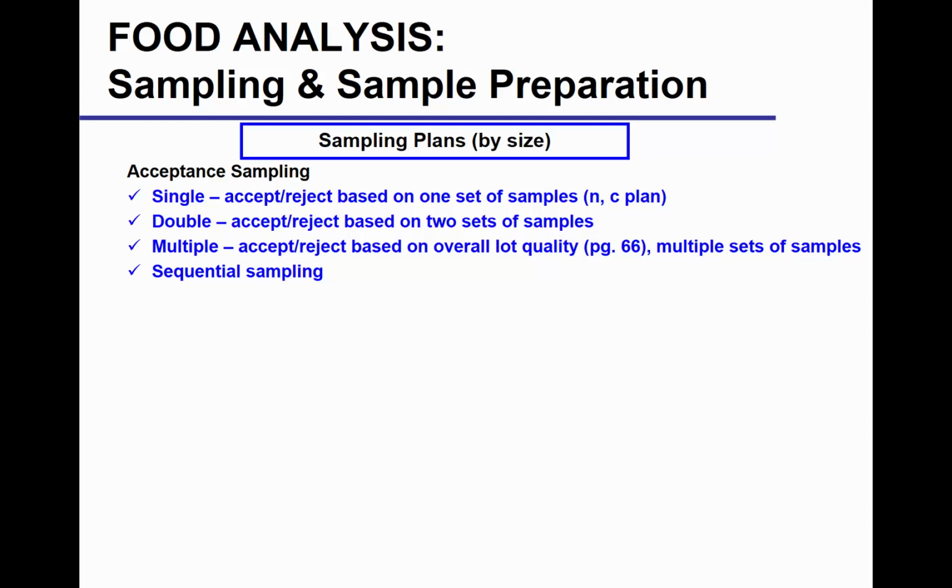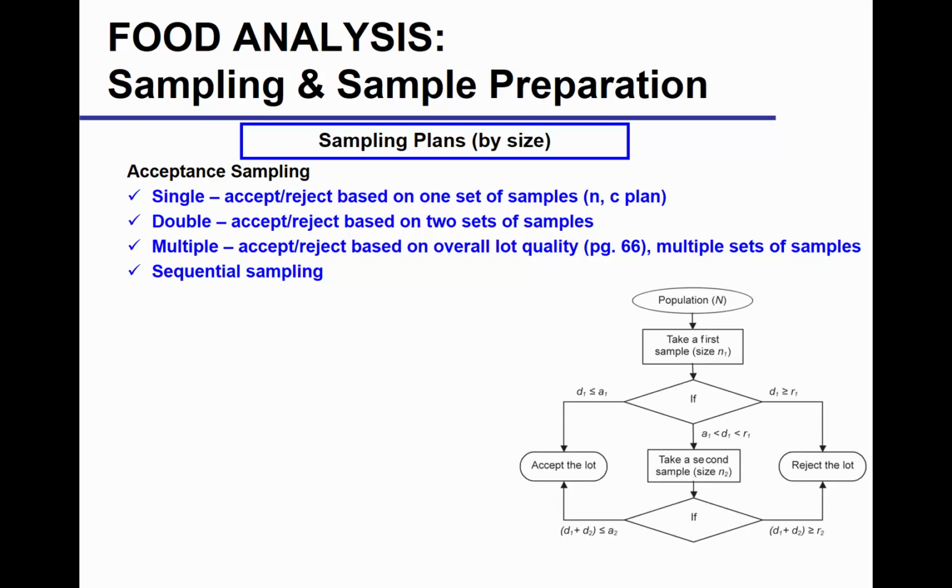So for every type of analysis, there is a C, number of defects. Sometimes you set that C as a vendor or producer. Sometimes you are bound by regulation, or the C is set by regulations. So you would just take one set of samples, and whatever is the C, you will make a decision either to accept or reject based on the C that you've gotten from one set of samples.